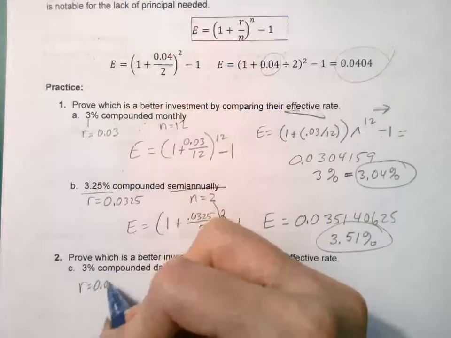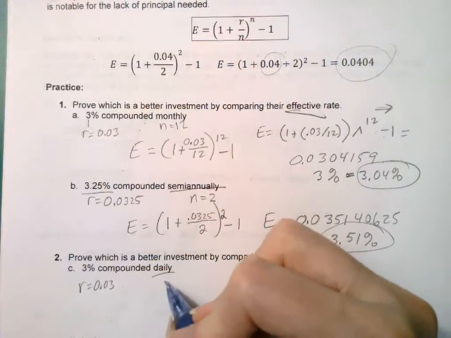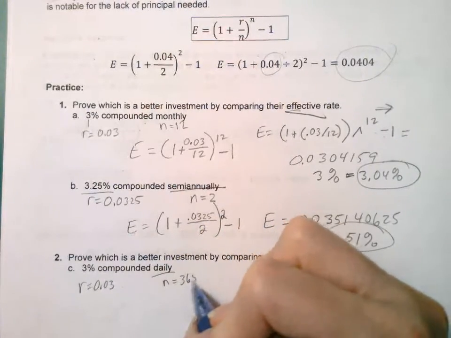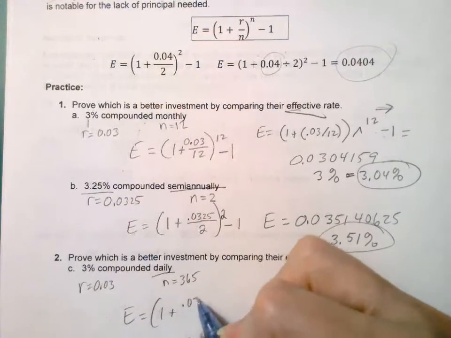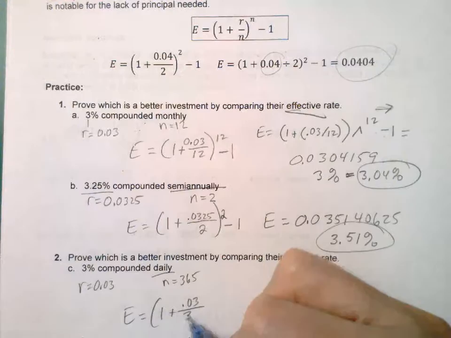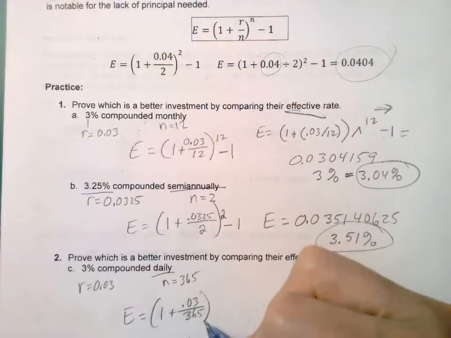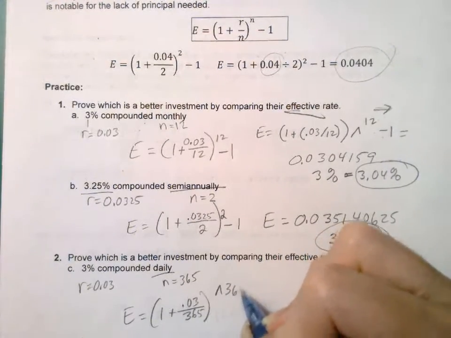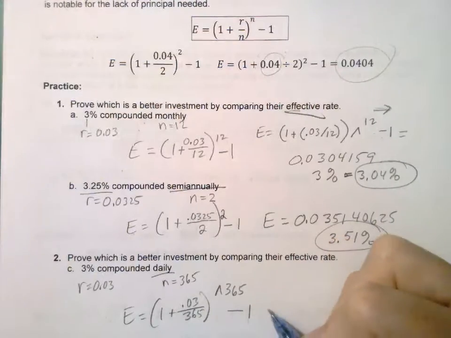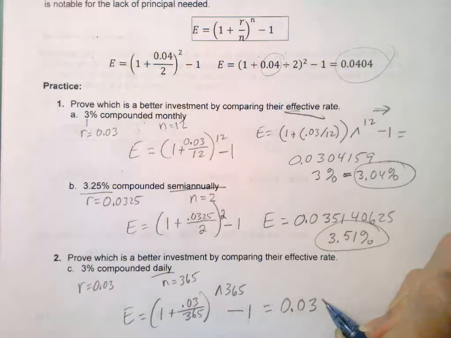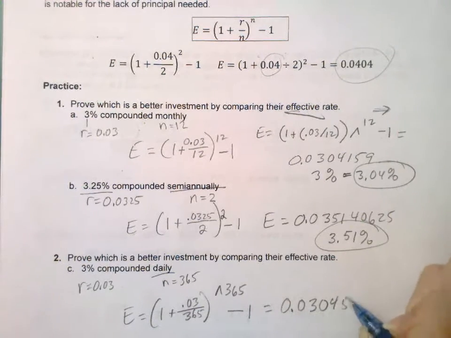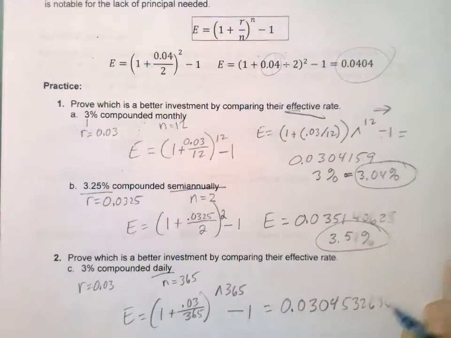Here's a different one. R is 3% daily. n is 365. E is 1 plus 0.03 over 365, raised to the 365, minus 1, which is 0.03045326636.